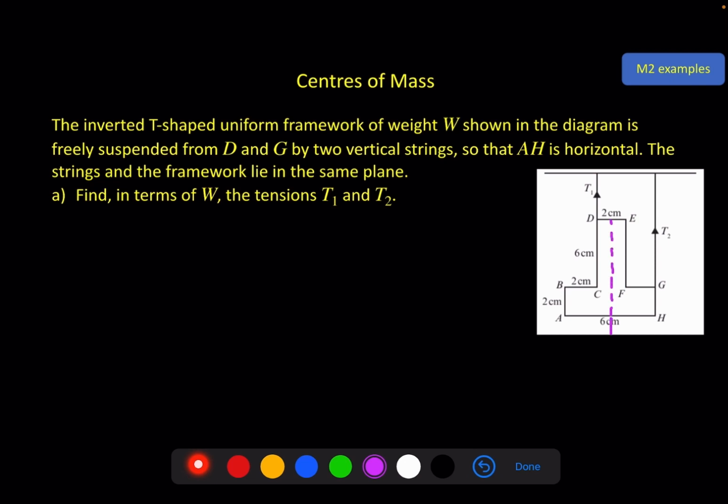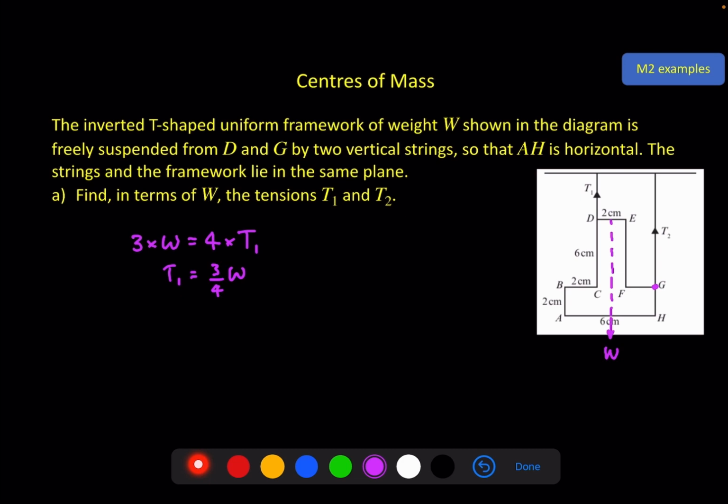And we know it's got a weight of W. What I'm going to do then is take moments about point G, because the distance of T2 from G is 0, so as I take moments this has no effect in my equation, and I know the line of action of W is here 3 centimeters away from G, and the line of action of T1 is here 4 centimeters away from G, so I can create a moments equation that just says 3 times W must equal 4 times T1, which gives me T1 is equal to 3/4 of the weight, whatever the weight is.